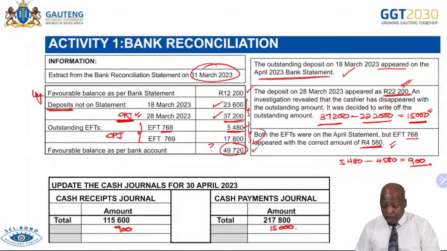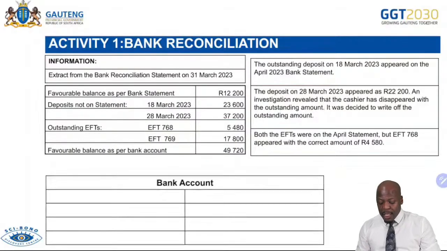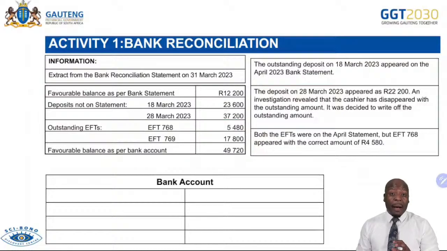All right, so I'm going to move on to the next aspect. So let's go on to the next one. Okay, so what we also understand here is once we have an amount from the previous month's BRS, this will help us in the second part of the question, which is the preparation or the calculation of the correct bank account balance.